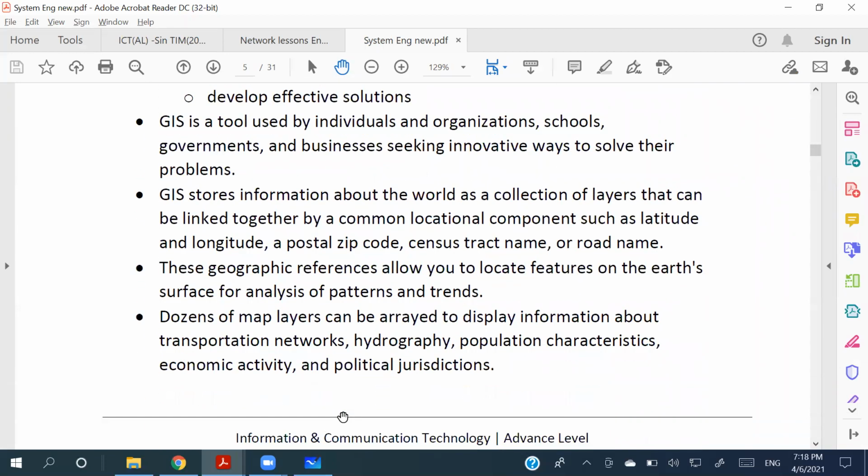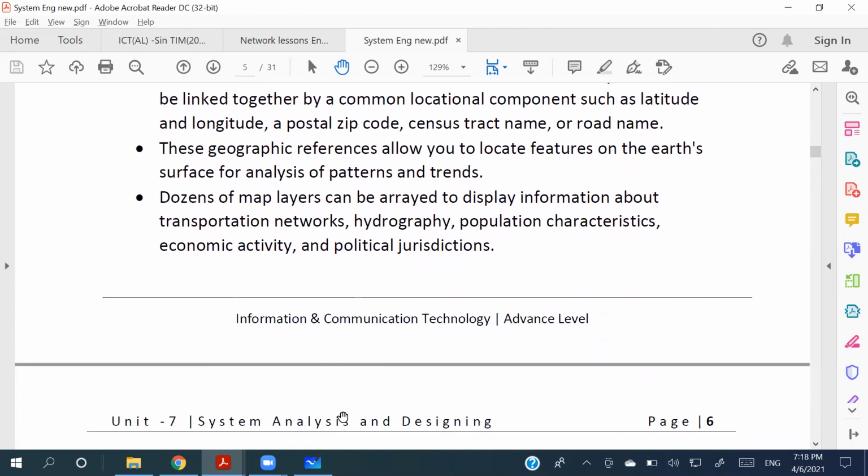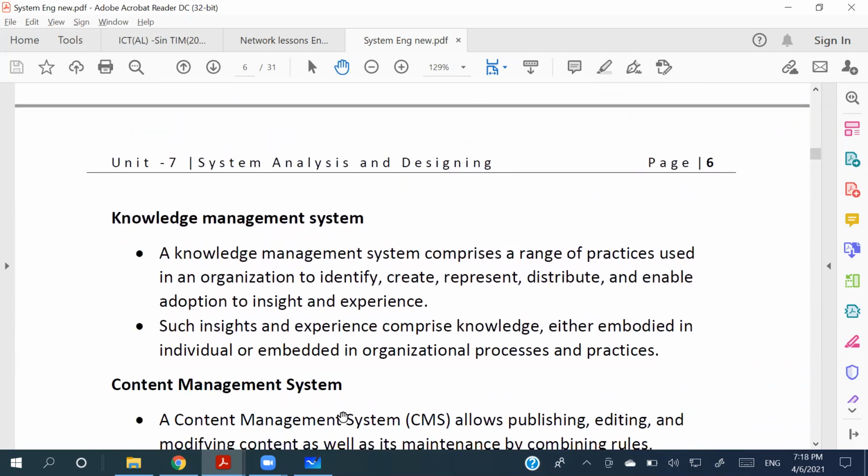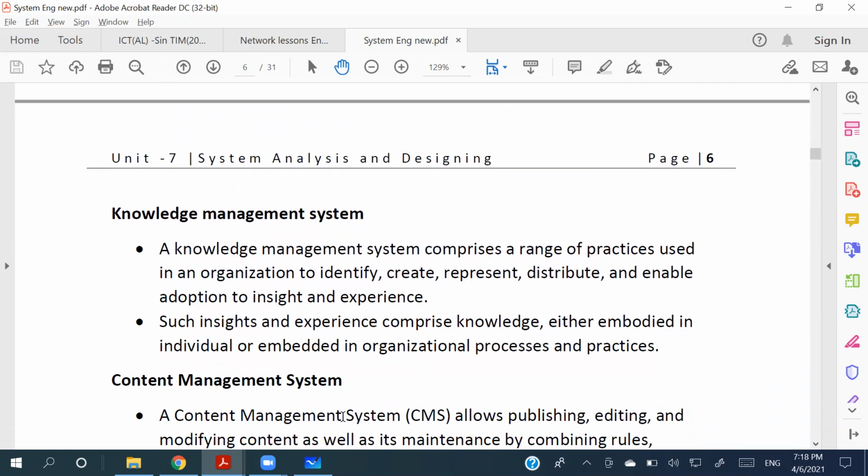Right? And KMS, in other words knowledge management system, is actually a system which holds the experience, right, and the insights that a particular group of people or an organization had over the period, right?